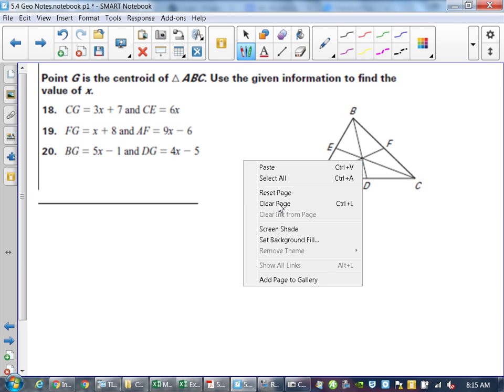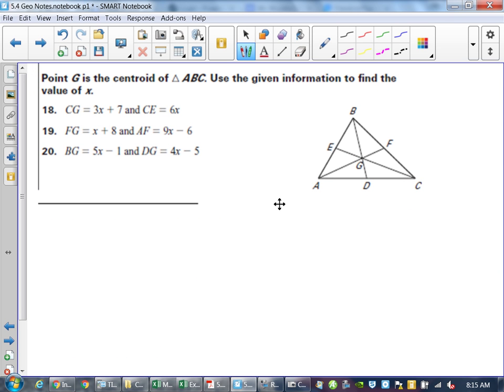So what happens here is that they're going to give you one diagram and have multiple things that attribute to the diagram. You're going to work with the three different medians. It tells you that point G is the centroid. So that means you can use your median formulas.